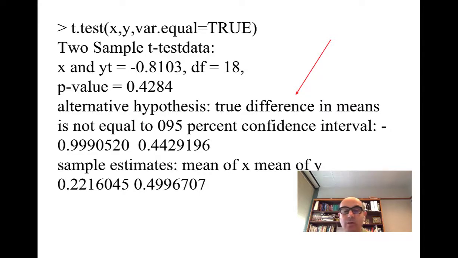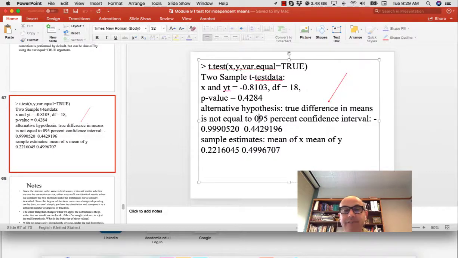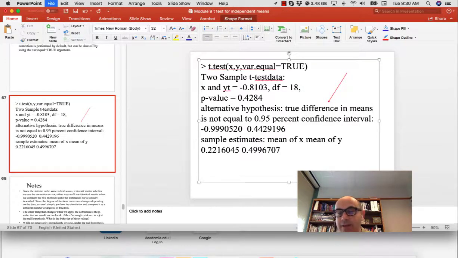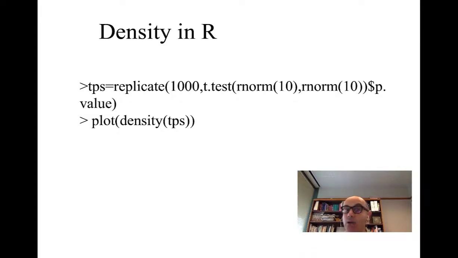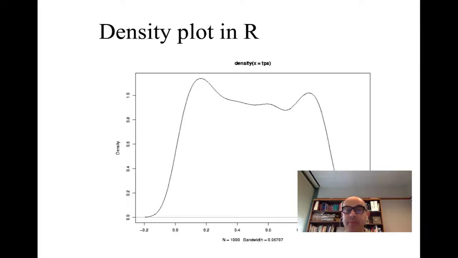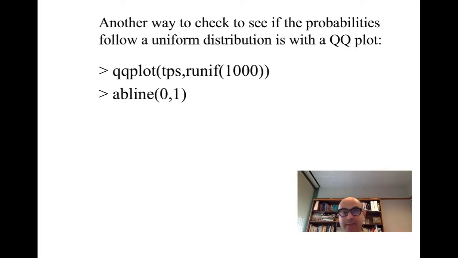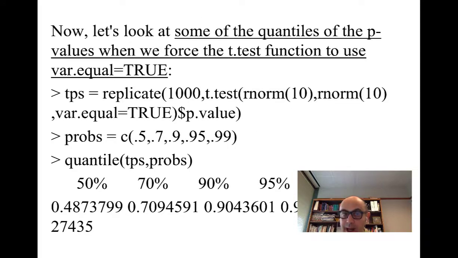My mistake that I did not write 99.5 correctly. I took this from R as it is. The idea here is again what the 95% means, how to apply that in the context of the hypothesis, and how to apply density in R in order for us to apply everything together. And this is where we can come up with quantiles and divide it into 50, 70, 90, 95, and 99% in order for us to do that.